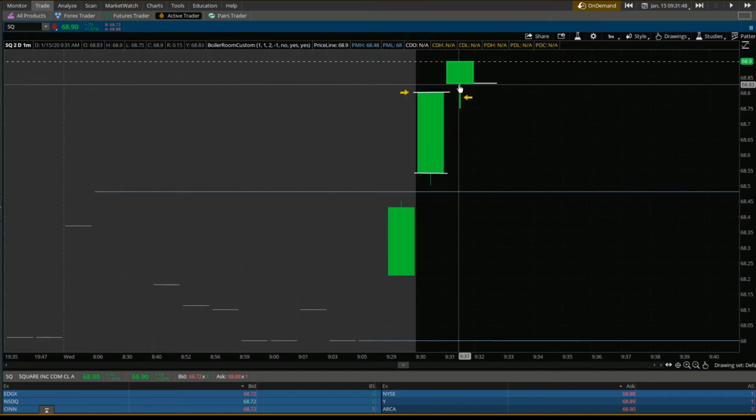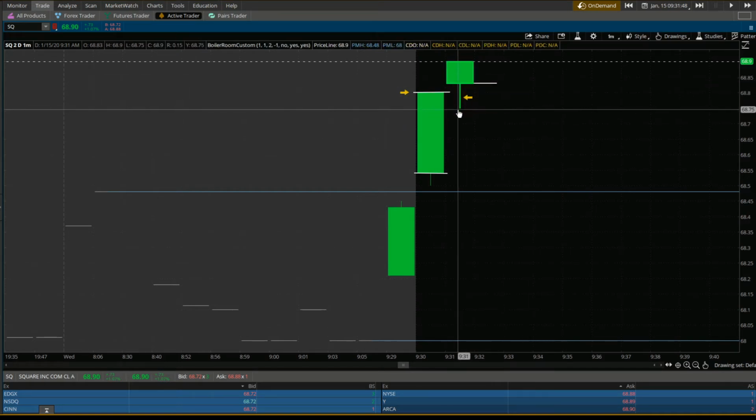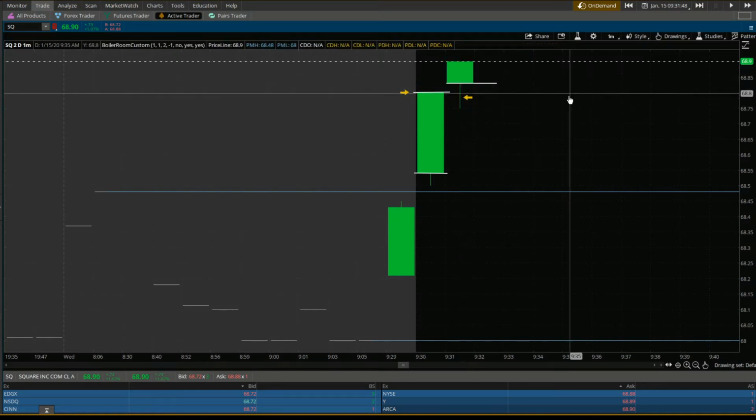So because this wick is so small, this is telling me that there is a lot of buying pressure. The body is still green and it has a very small wick. So this wick is telling us that buyers rejected lower price of the stock.